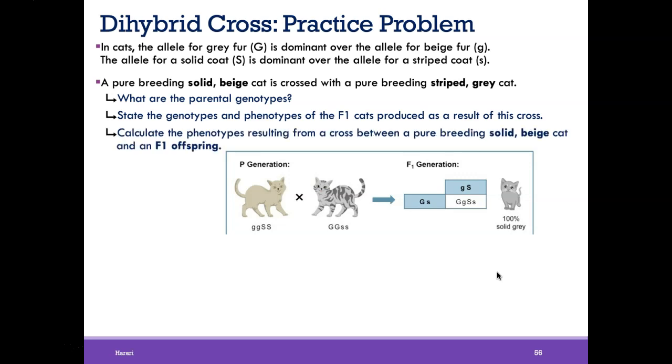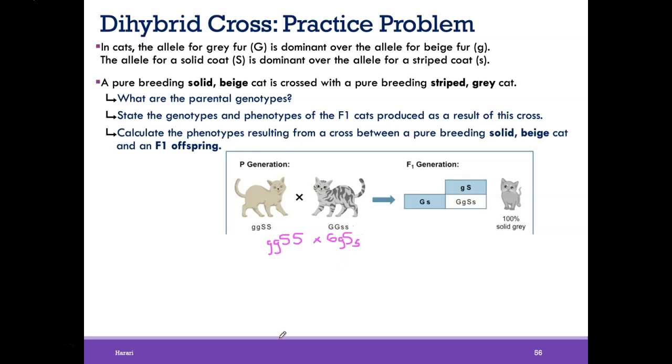Now, I want you to calculate the phenotypes resulting from a cross of a pure breeding solid beige cat and one of the F1 offspring. So pause here and try to figure that out now. Right, so in this case, we're mating little g little g, big S big S, with a dihybrid, big G little g, big S little s.